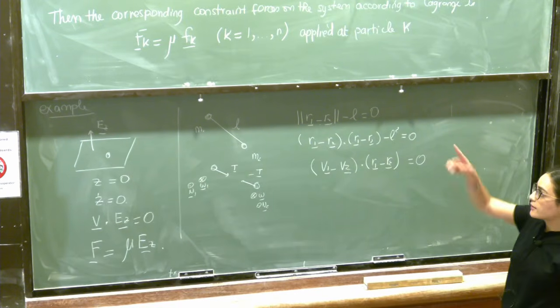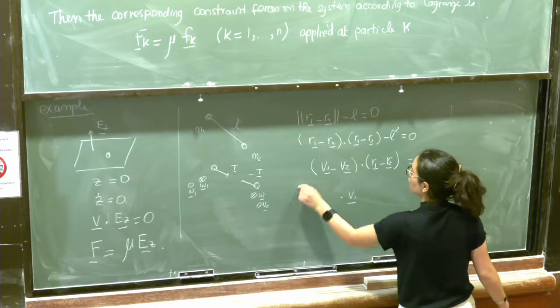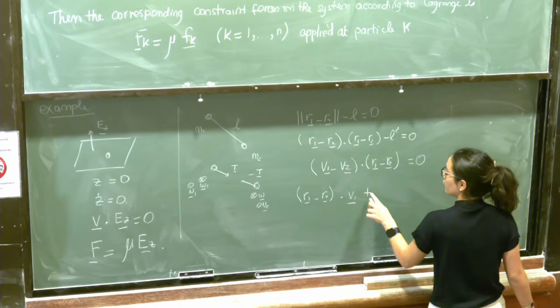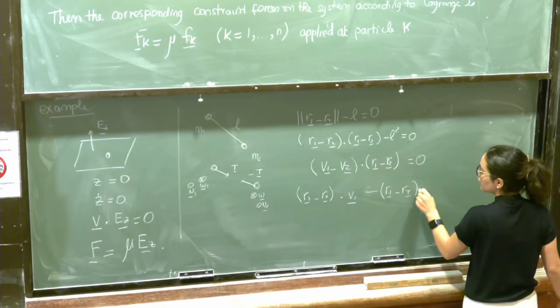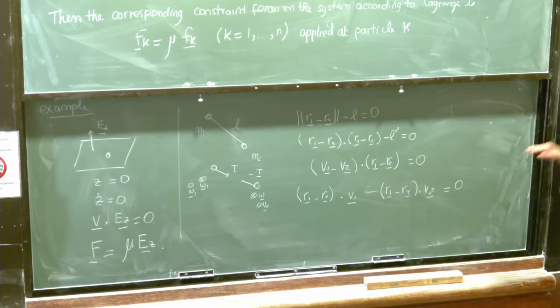Which I can rewrite in the above form, V1 dotted with R1 minus R2 plus R1 minus R2 dotted with V2 is equal to 0. So is this form the same as the form above? Yes.